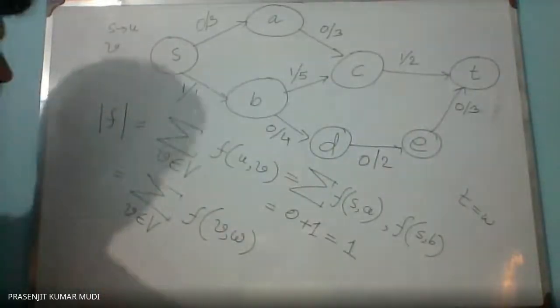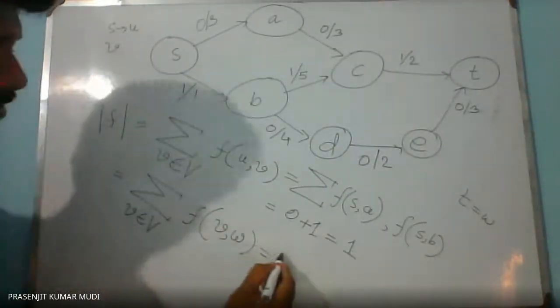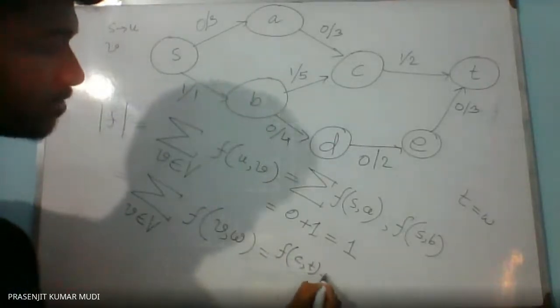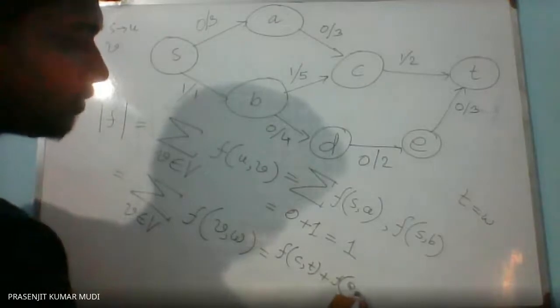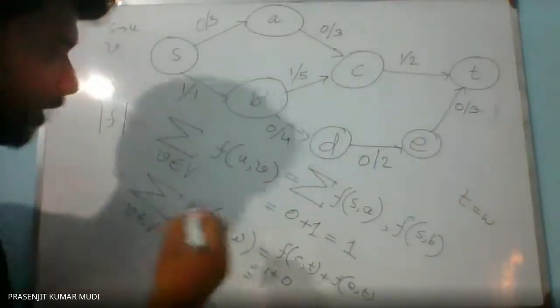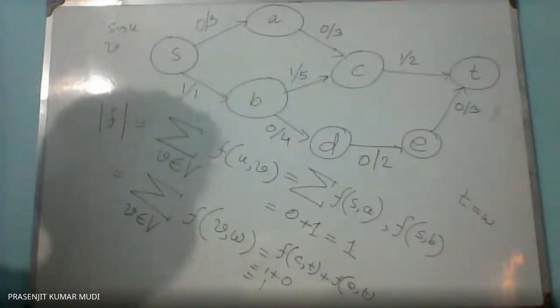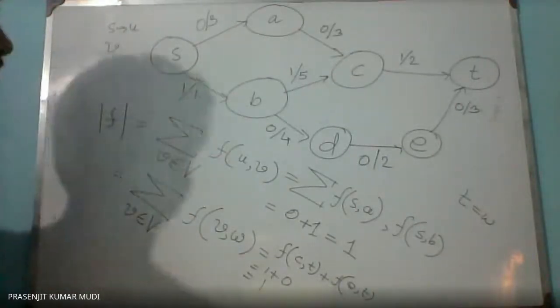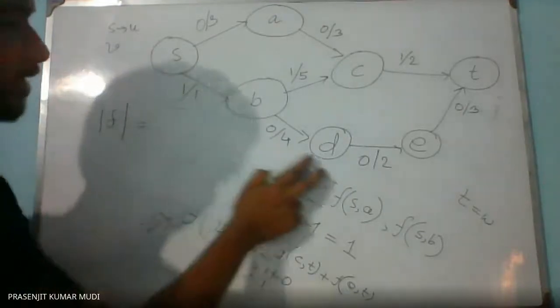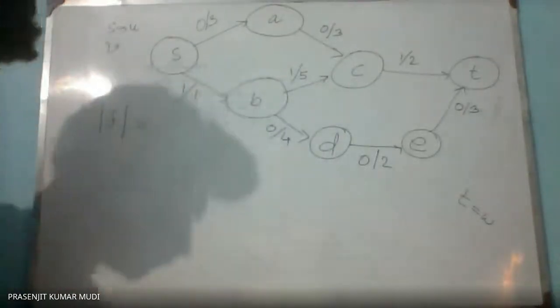If you sum them up, you will get flow of (C, T) plus flow of (E, T), and that is 1 plus 0, again equal to 1. So it is satisfying the flow conservation principle. So the flow of the overall network is ultimately 1.